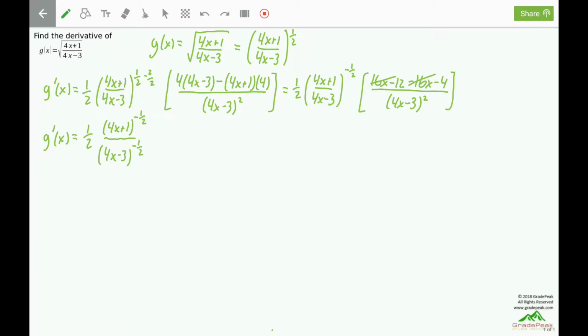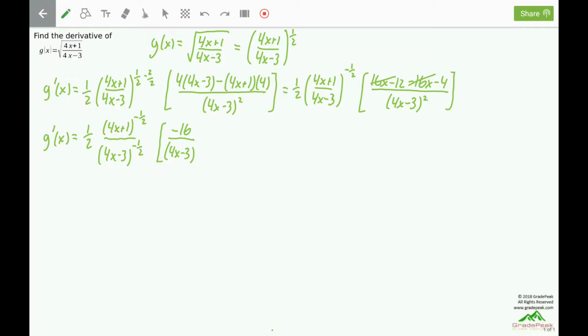We want to do that because we're going to be able to move them around or combine them. And I have in square brackets a negative 12 minus 4, that's a negative 16. And I have a 4x minus 3 squared.